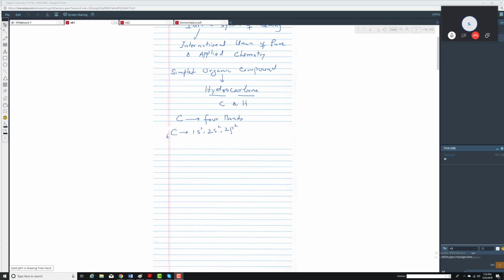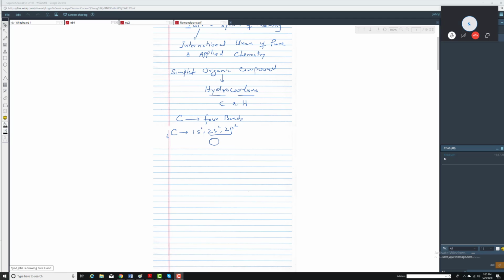I'm writing this according to the Aufbau principle, putting the electrons from the lowest energy shell and subshell to the higher energy shell and subshell. In this case, the valence shell is the second shell, the highest principal quantum number, 2. We are not considering the first shell, we are just looking at this valence shell.